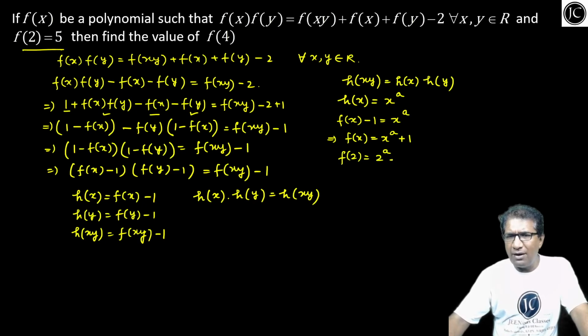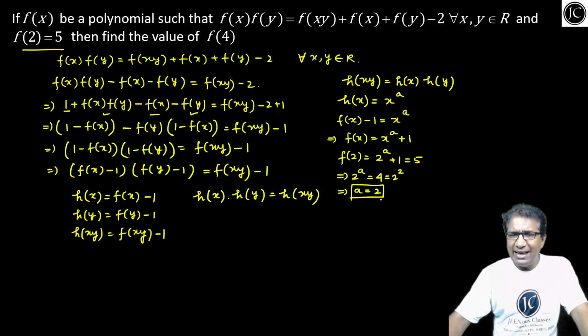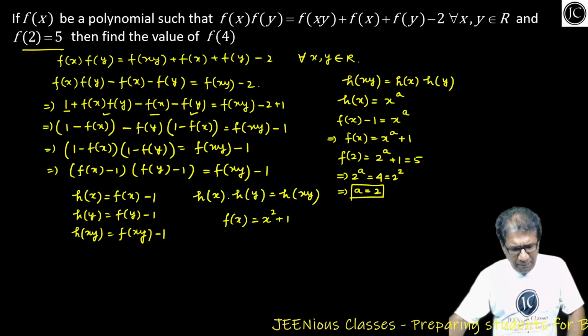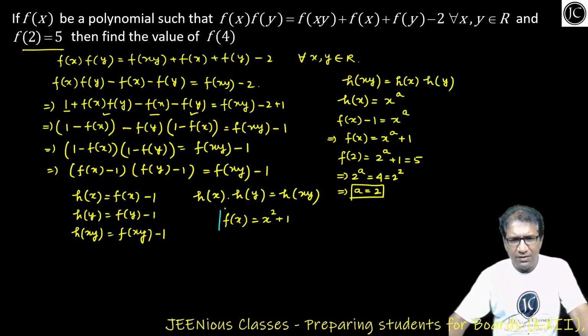It is 2 to the power a plus 1 which is equals to 5. मतलब क्या आया? 2 to the power a is 4 which is equals to 2 square. इसका मतलब ये हुआ a is nothing but 2. राइट? अगर a तुम्हें 2 मिल गया मतलब मुझे fx मिल गया. fx क्या है? It will be x square plus 1. Yes or no? It will be x square plus 1.